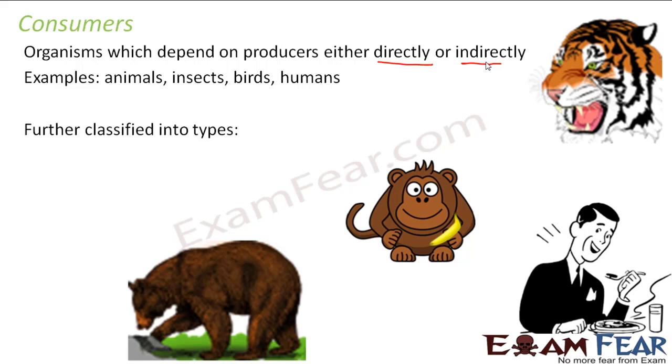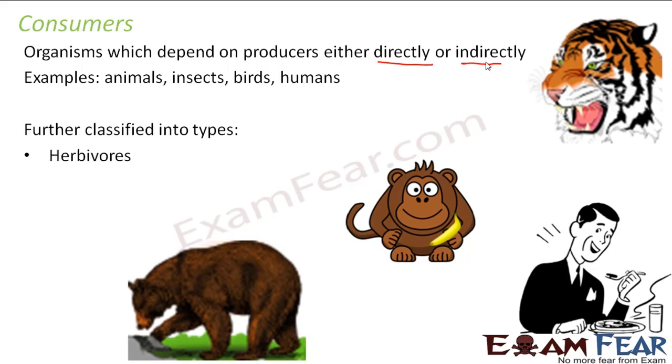Now, in these consumers, again, we have a variety of animals. So that is why a further classification was done, because as I said, here you see that there are two things. Some animals will depend directly on plants, whereas some animals will depend indirectly. So based on the way animals are dependent on plants for their food, they were further classified into 4 types.